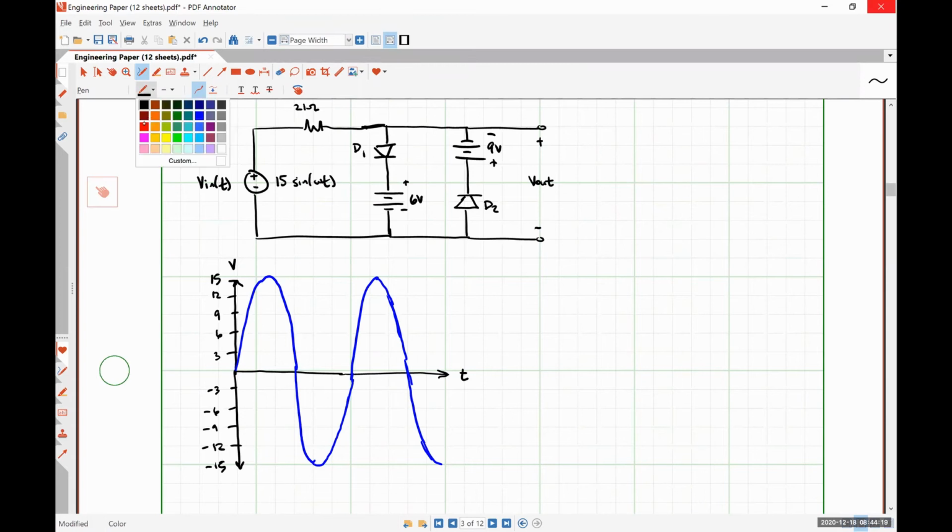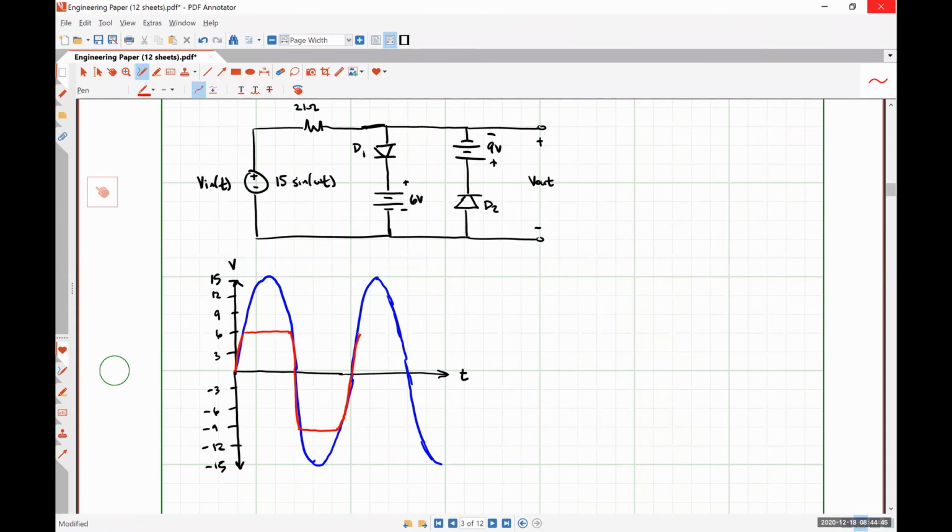All right. So what should be happening here is our output follows our input until diode 1 turns on and clips it. When Vin starts falling below, it follows it again until we hit -9 volts, and then clips it again.